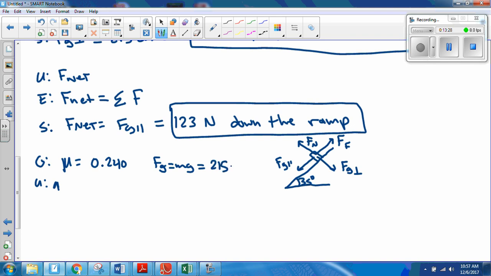Okay, so 215 is equal to m times 9.8, right? What's the 9.8 doing to the m? It's multiplying, so the opposite is to divide by 9.8. So if you do 215 divided by 9.8, what do you get for m? Because we're going to need m in a minute.